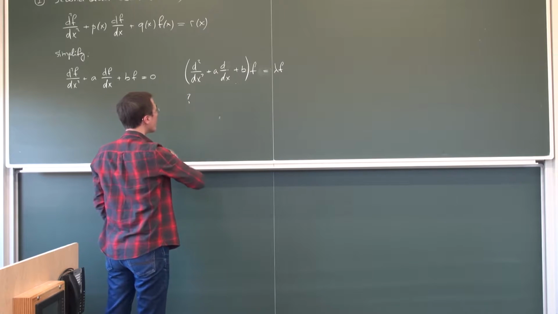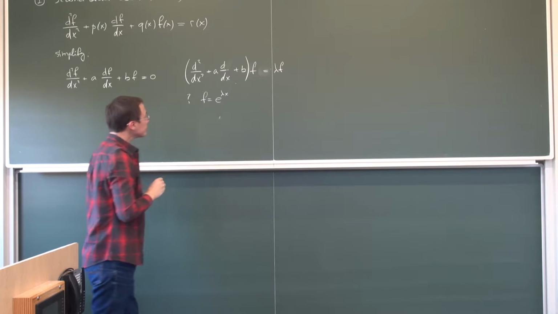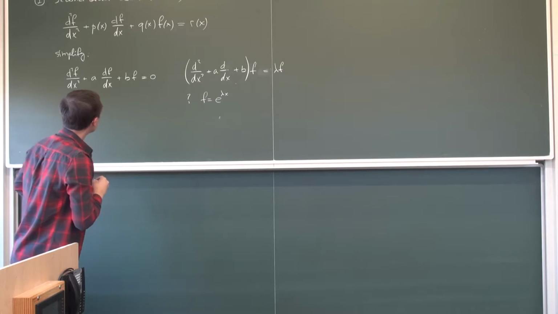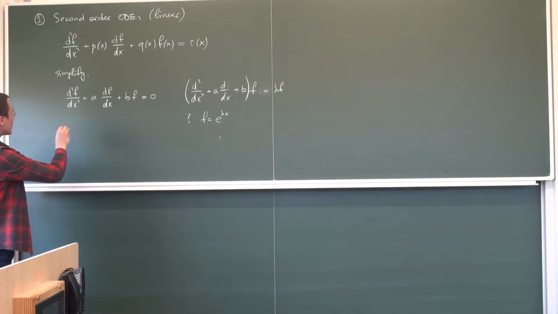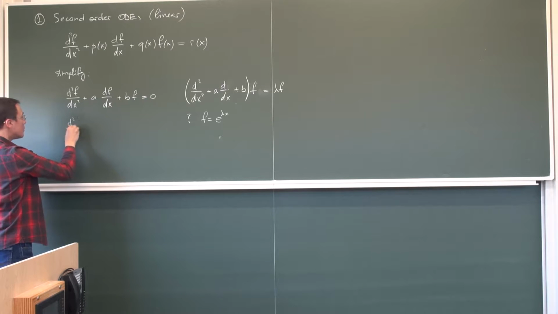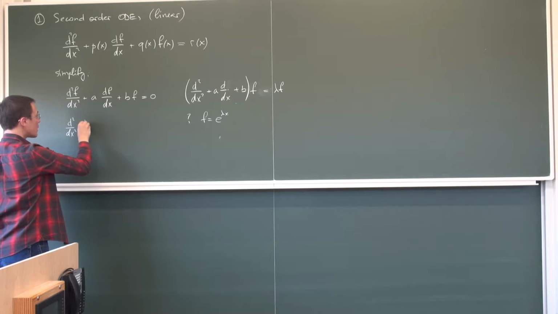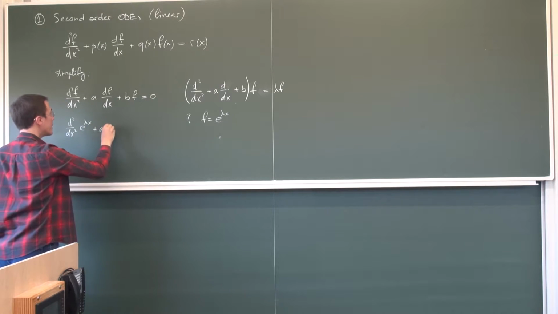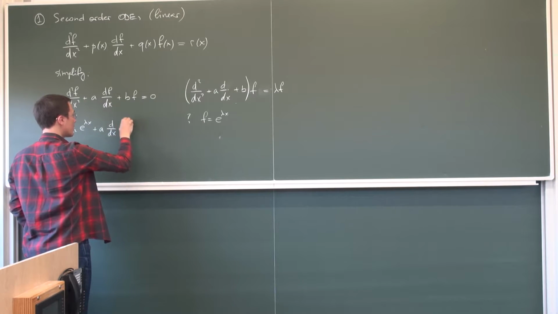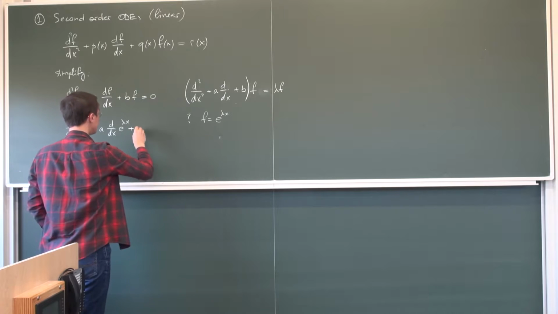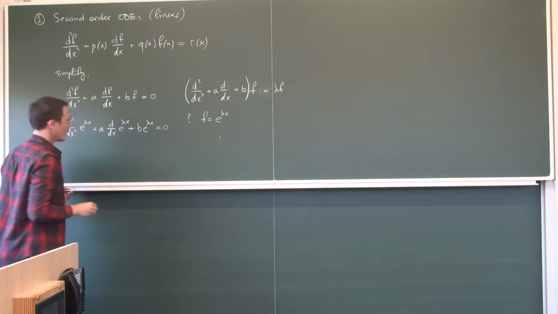So, hypothetically, f equals e to the lambda x. Let's see what happens if we substitute that in. We will have d² by dx² of e to the lambda x plus a d by dx of e to the lambda x plus b e to the lambda x equals 0.